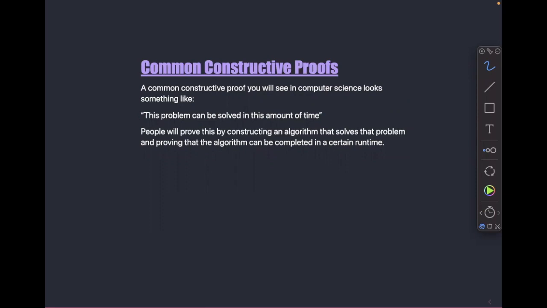So that's the idea of a constructive proof: you actually have to build the thing that you're going to be proving something about. That's the last type of proof I wanted to talk about. Again, I will not be having you do a constructive proof, but this is something you probably will see in the future, where you have to come up with your own solution to something and then prove that your solution works.